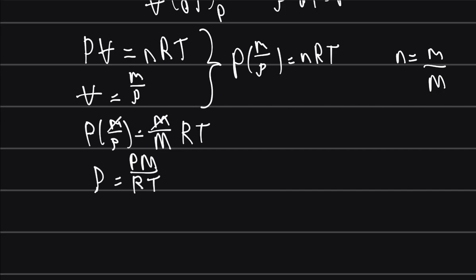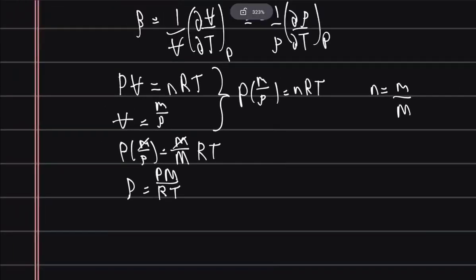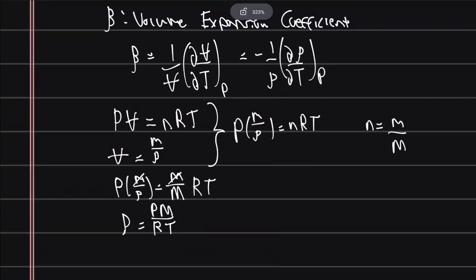That is the density of an ideal gas. So now we have this equation over here. You can do it in terms of volume or in terms of density. So I'm going to look at it in terms of density because we just solved for density.